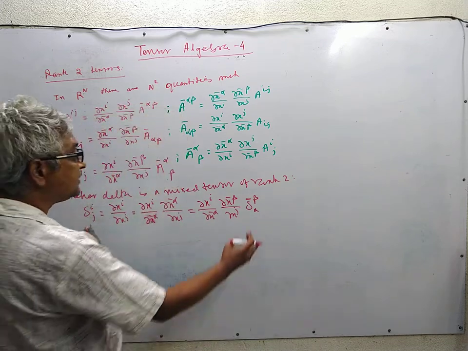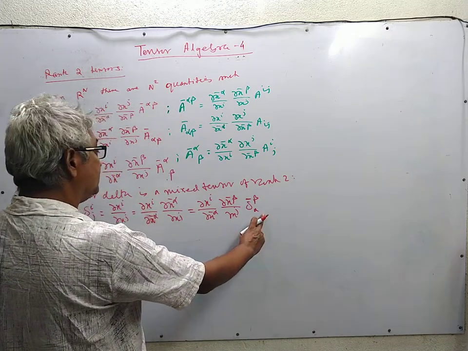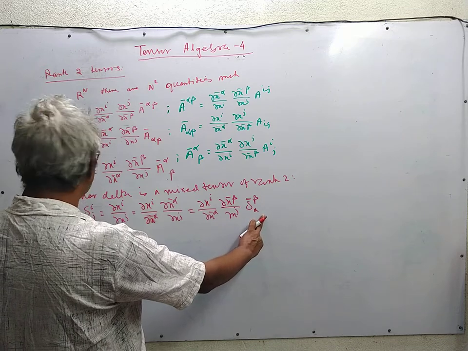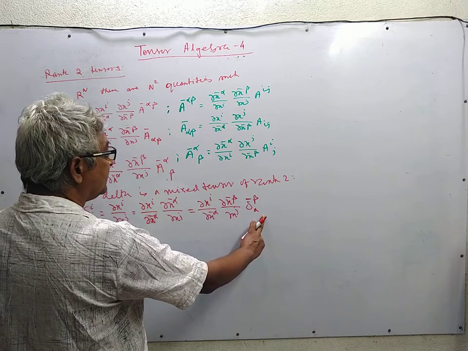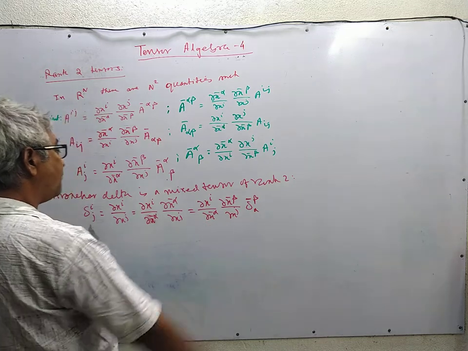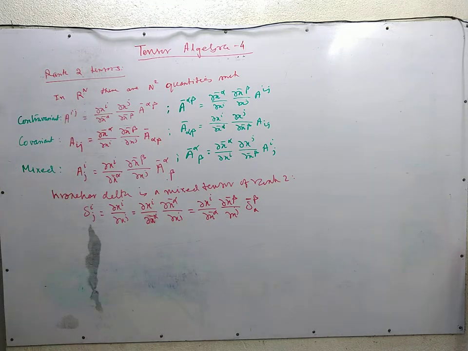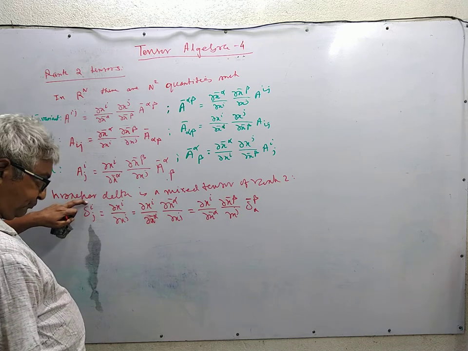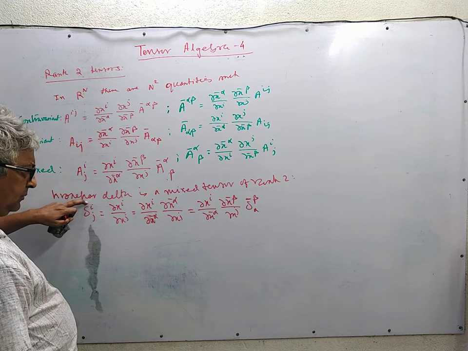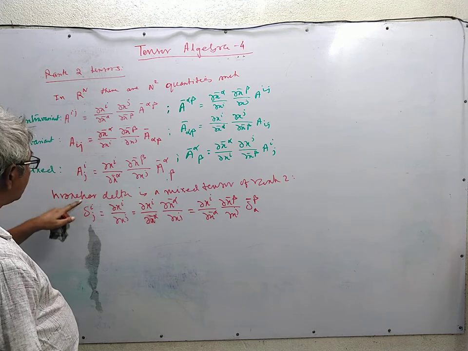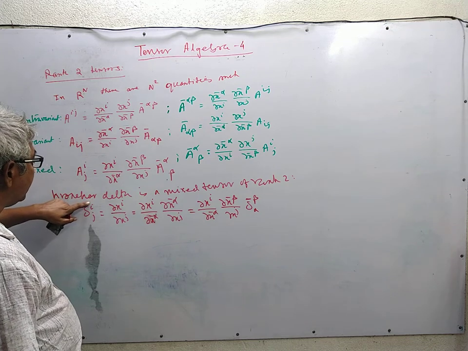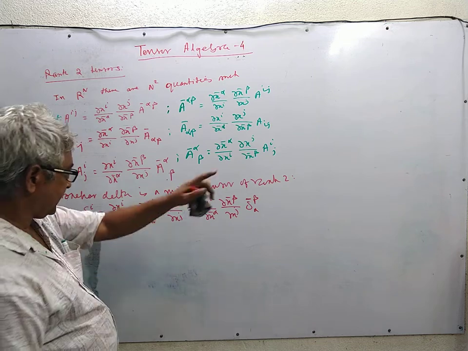So if we consider these two relations, it is indeed that the Kronecker delta does transform like a mixed tensor of rank 2. So this is the contravariant component, and this is the covariant index.